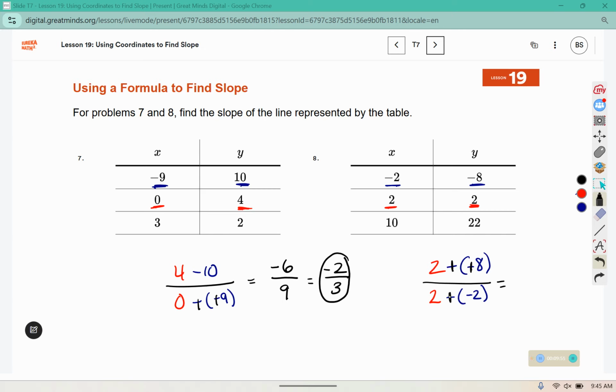Leave, change, change. 2 plus 8 is 10. 2 plus 2 is 4. 2 fits into both of those. 2 times 5 is 10, and 2 times 2 is 4. Even if you use a different set of points from that table, you would still get the same thing when you reduce your fraction.